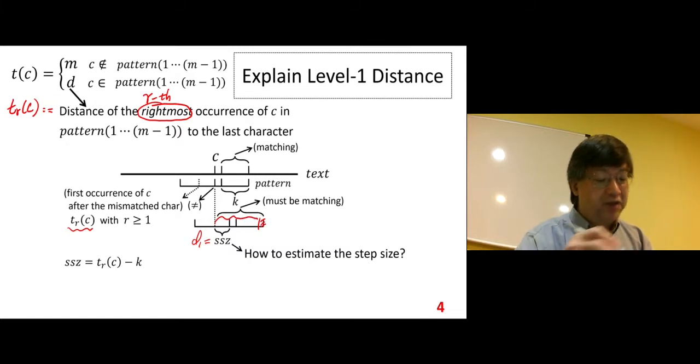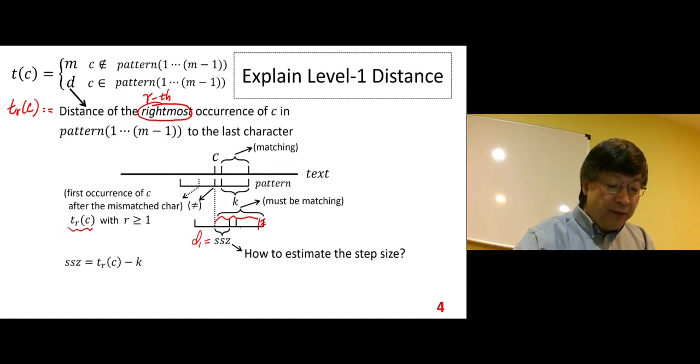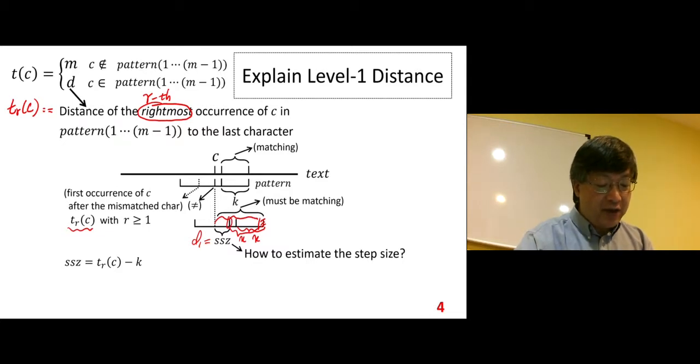Because you remove the last character, that's the distance. Here, this is K, and that is also a K. So you remove the last one, but you need to add this one, so that is the K.